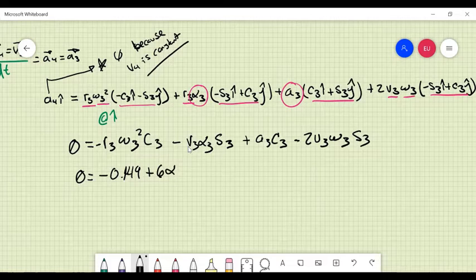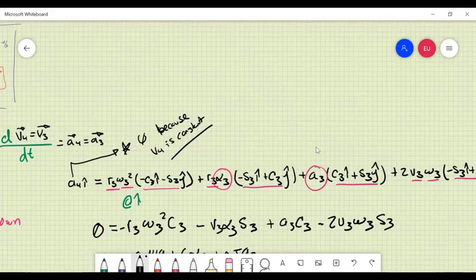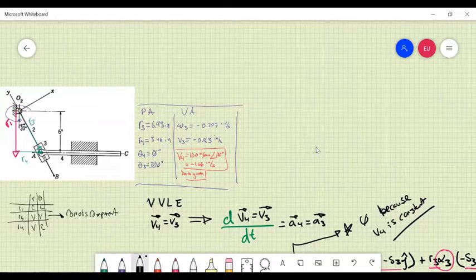Plus 6 times alpha 3. What is the cosine of theta 3? 0.5. And finally, this is also a numeric value. Substitute omega 3, which is 0.207. B3 is 0.028 or 029. I don't remember which is the value we wrote. 0.83.